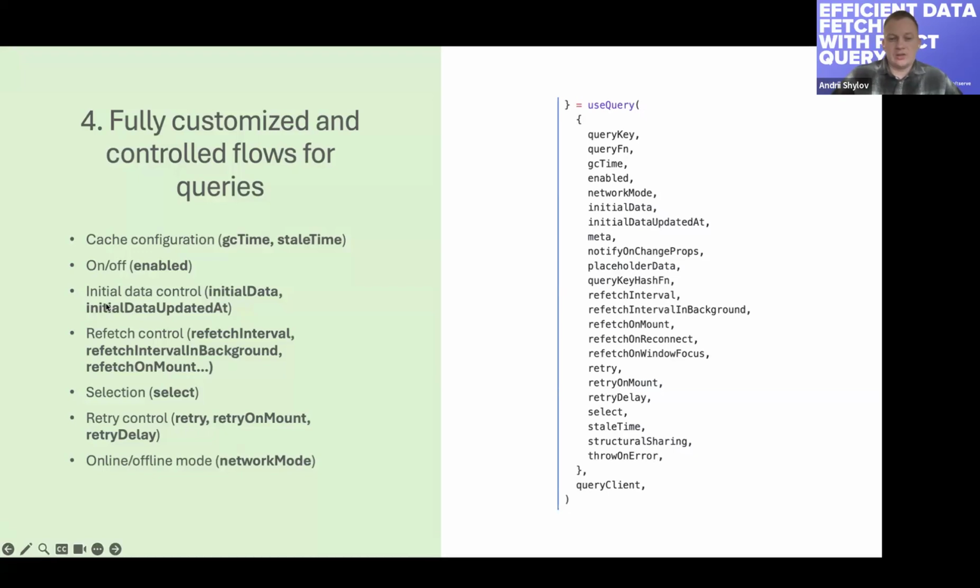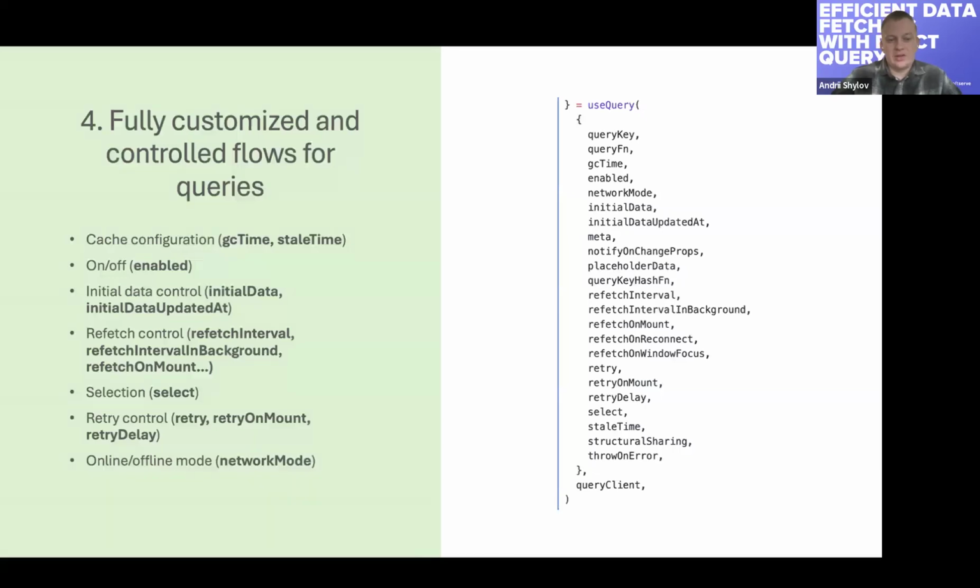Okay, some initial data. You can provide some initial data to show initially, because maybe some placeholders, maybe just initial data to be displayed right on page load, something like that. Also, I have initialDataUpdatedAt, so we can also control it and have this timestamp.